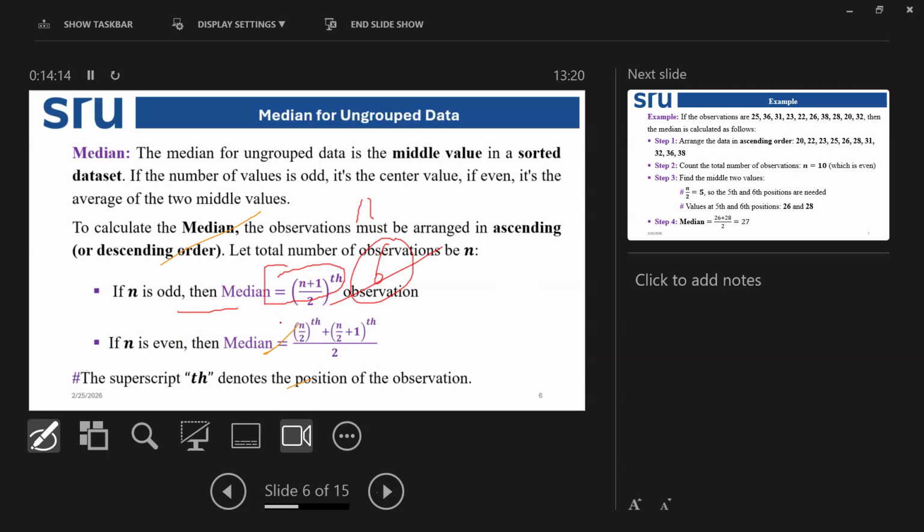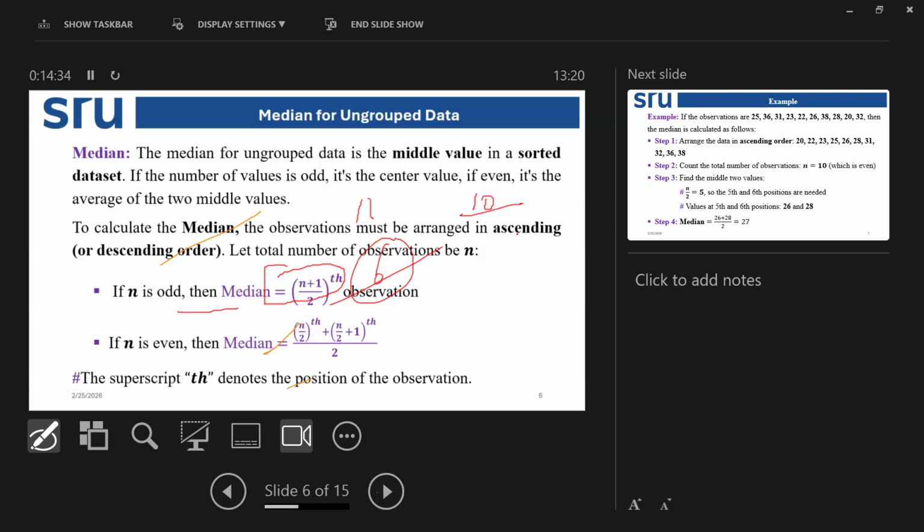Okay. Similarly, suppose we have an even number of observations in the data. Whenever we have an even number of observations, how do you calculate the average now? There we have to take two values. One is n by 2. Let us say we have 10 observations in the data.